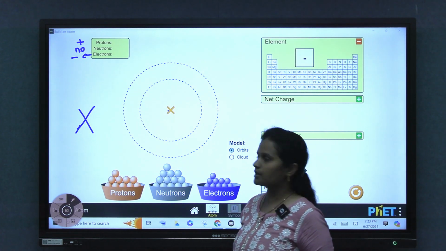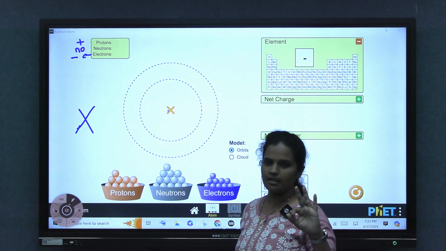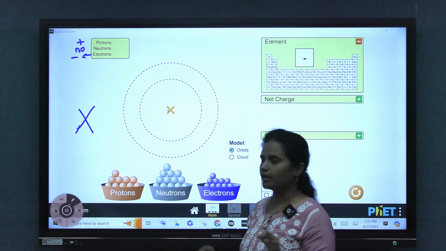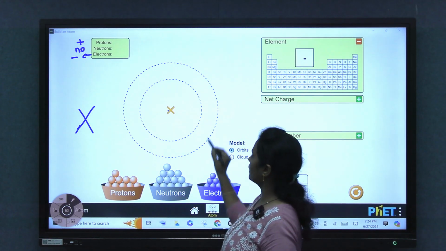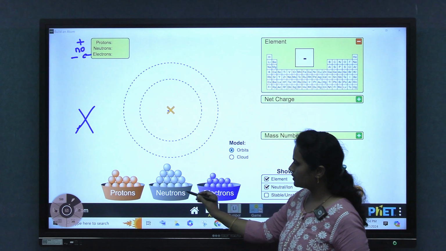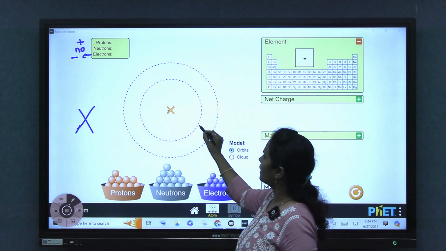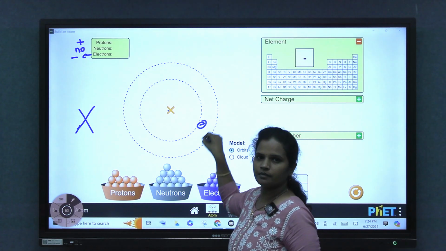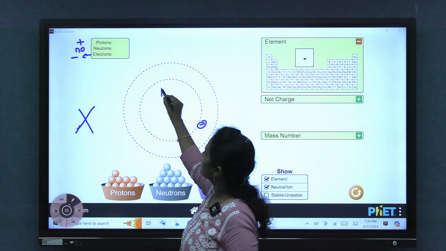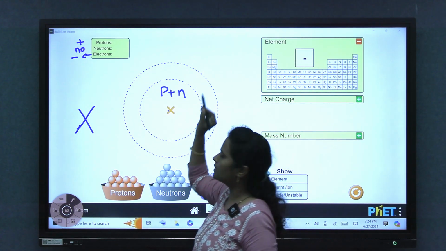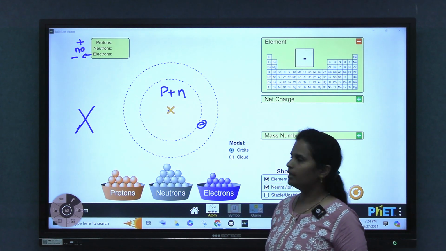How these subatomic particles are located in the atom, we are going to see now. Electrons revolve round the nucleus, whereas protons and neutrons are present inside the nucleus.